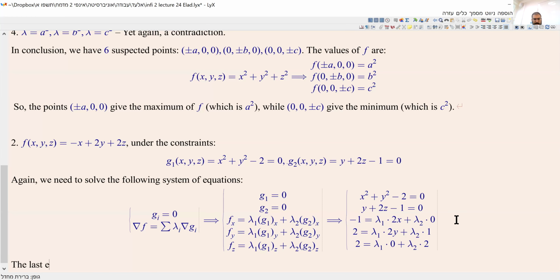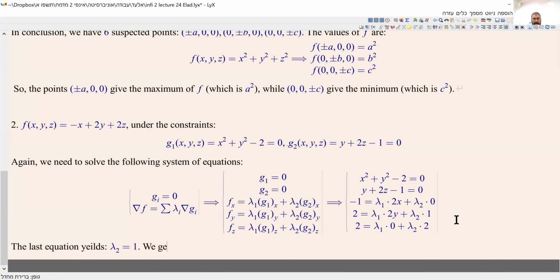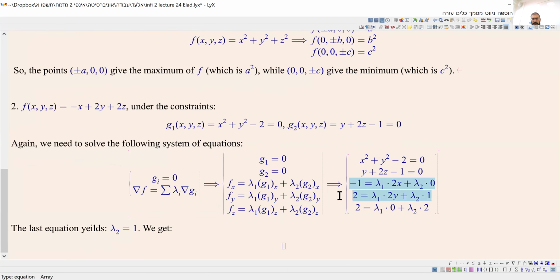The last equation yields that lambda 2 is 1. Okay. It gives us the following system of 4 equations.